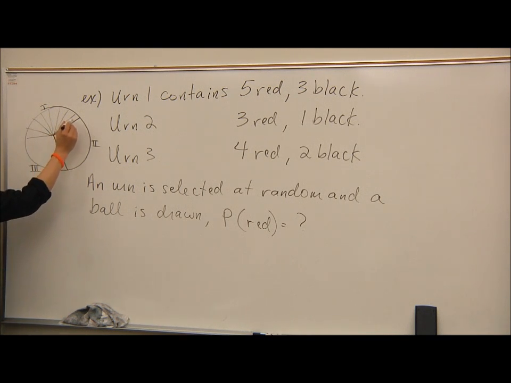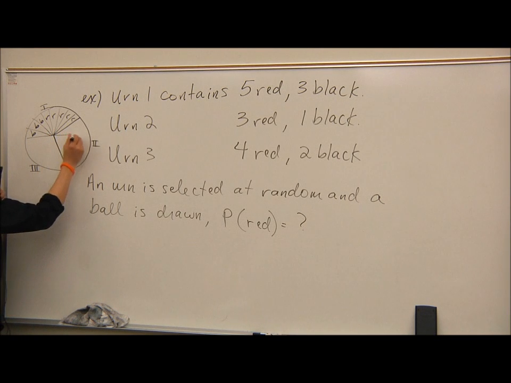And we have red, red, red, red, red, black, black, black. Everybody see that? It'd be nice if I colored these, but urn 2, we have 4 segments, 3 red, 1 black. So 1, 2, 3, 4. We have red, red, red, and black.